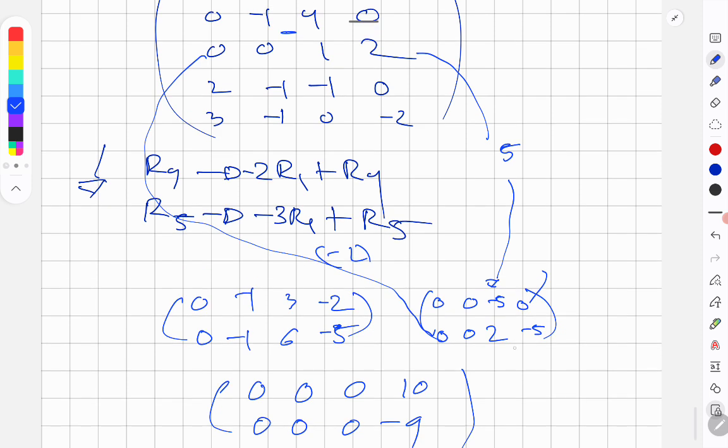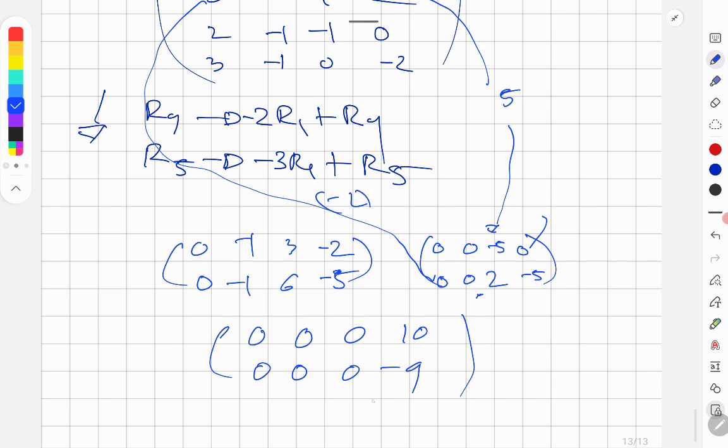Now, how do we get minus 9? If you multiply minus 2 in this line and add it over here, this is 0, 0. This one will be 0 because I am multiplying negative 2 and adding over here. And minus 4 plus minus 5 is minus 9. And here you can eliminate one of them, because if you multiply 9 over 10 in this row and add it over here, it will be all 0.